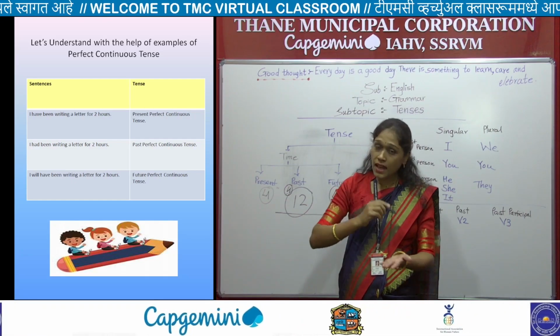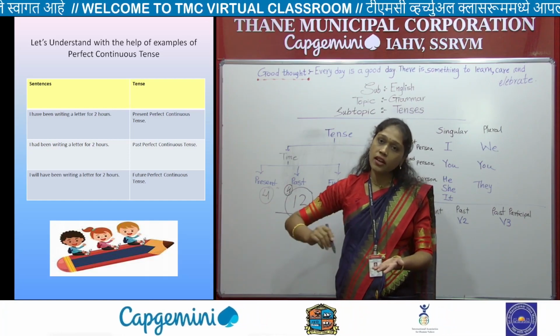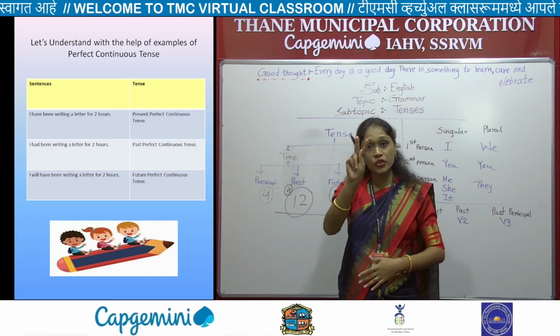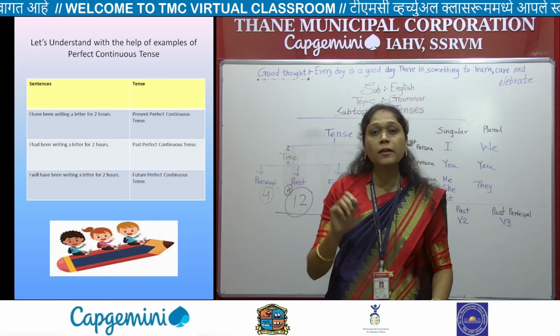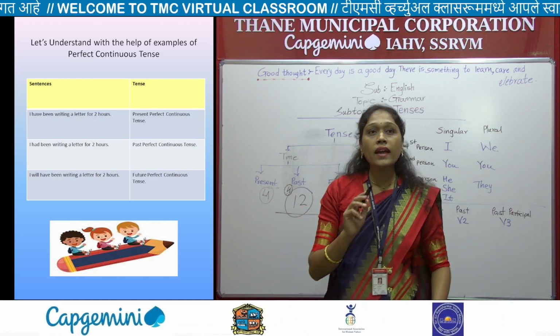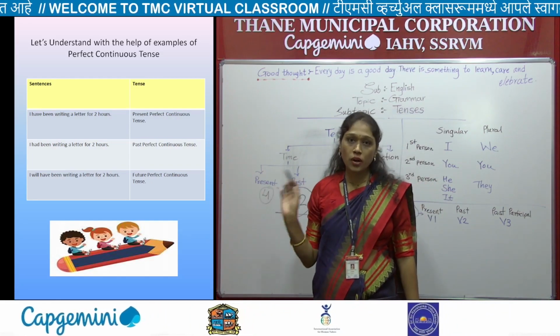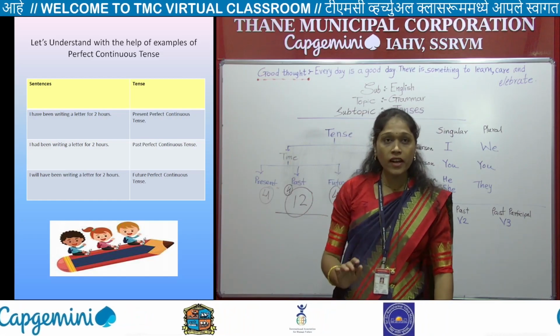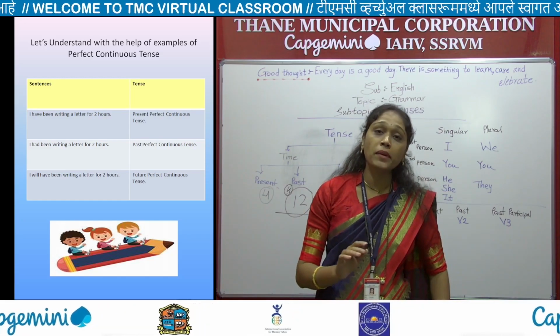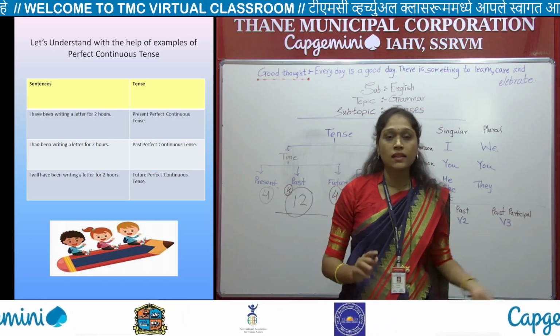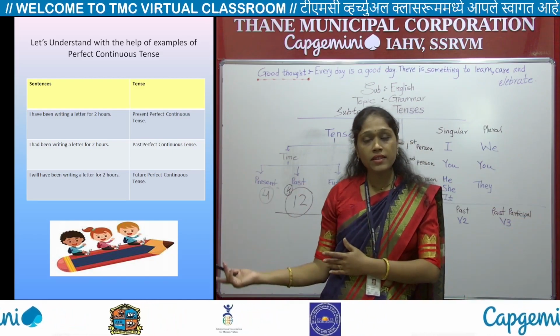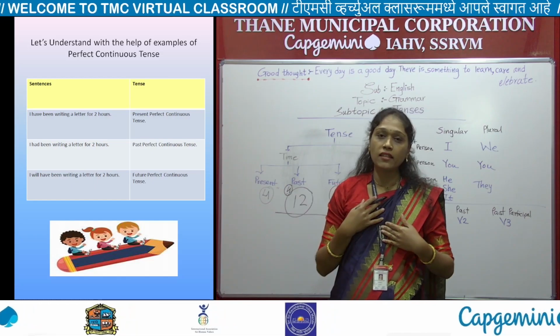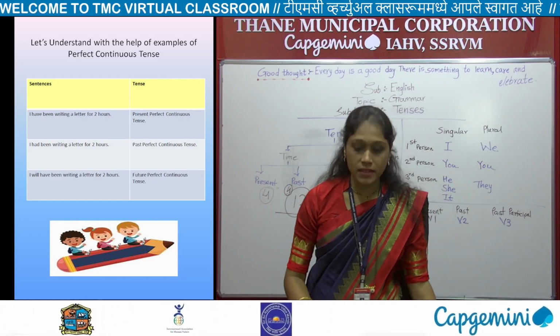For 2 hours, I am writing the letter continuously, but it is completed in 2 hours. So, this is present perfect continuous tense. Then past perfect continuous tense, I had been writing a letter for 2 hours. And future perfect continuous tense, I will have been writing a letter for 2 hours.